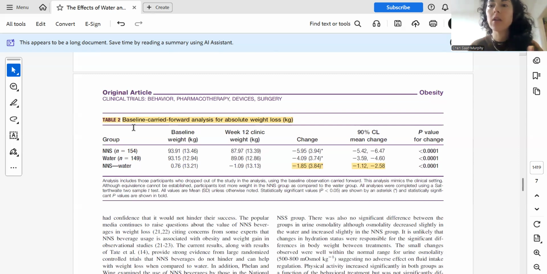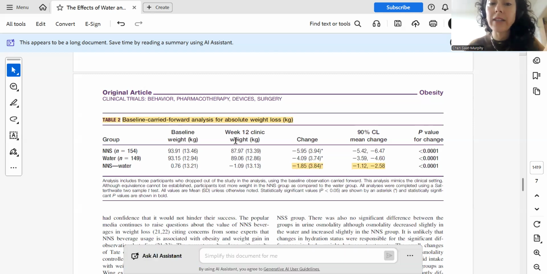This is the better way to calculate the results because it reflects real life scenarios. Now, you may ask yourself, how do we actually consider those who dropped out? There are some statistical tools and algorithms that allow us to do those tests and come up with predicted results. So this is table 2.